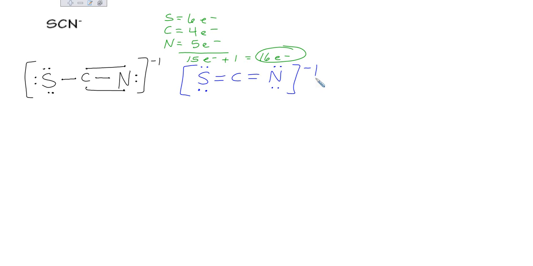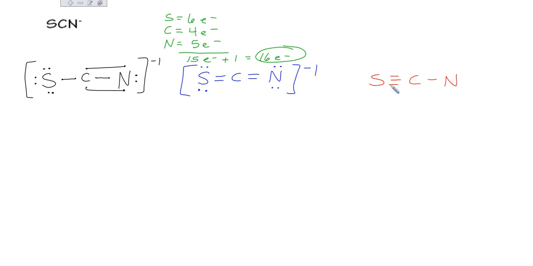Okay, let's try something else. I don't know. What if we flip it? What if we do something like that? That'd be kind of interesting. Carbon in the center already has an octet.